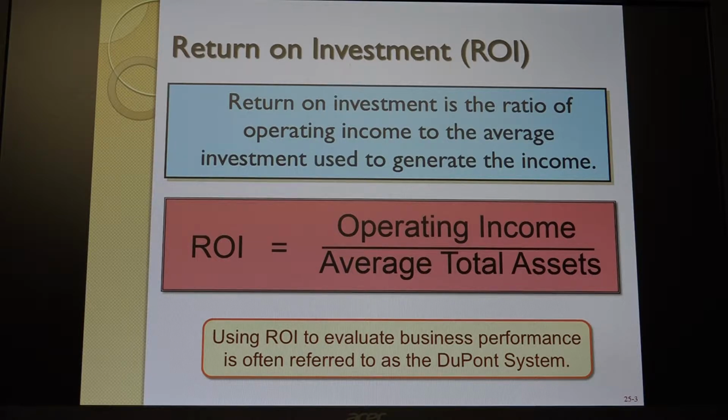And so return on investment simply is, your numerator is operating income and your denominator is average total assets. So you want this number to be higher rather than lower.